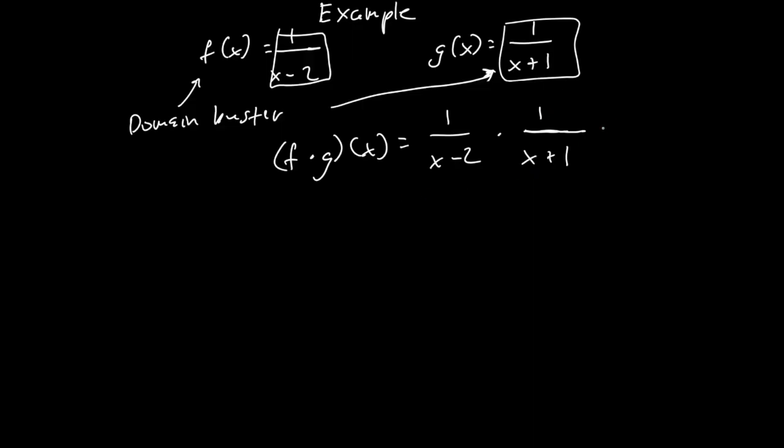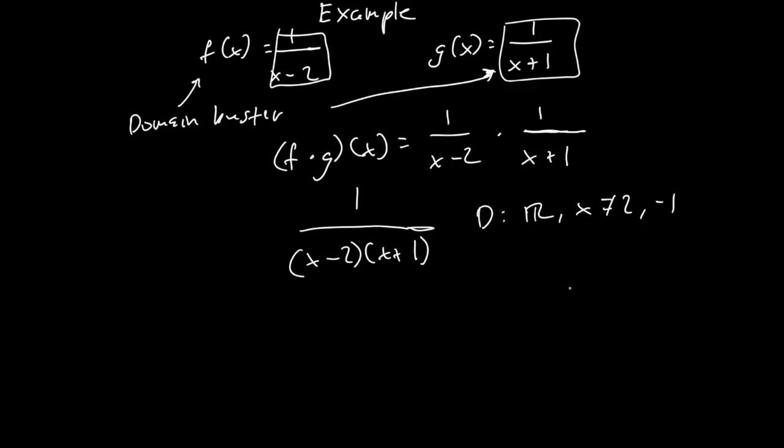So you literally just get 1 over x minus 2 times x plus 1. We don't really have to factor this out, we can just leave it as is, and the domain would be all real numbers again, where x cannot equal 2 and negative 1.